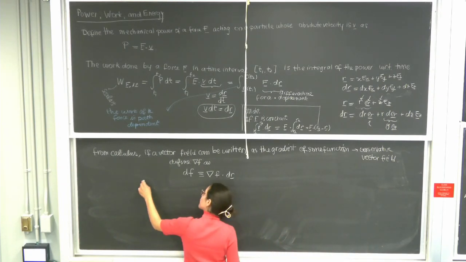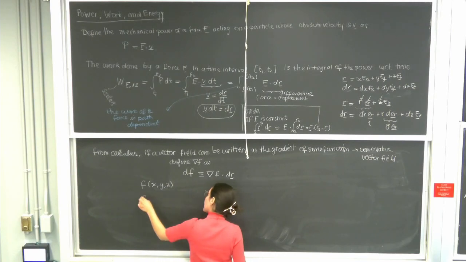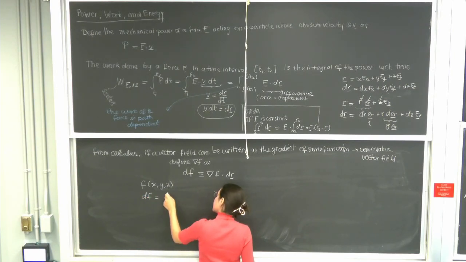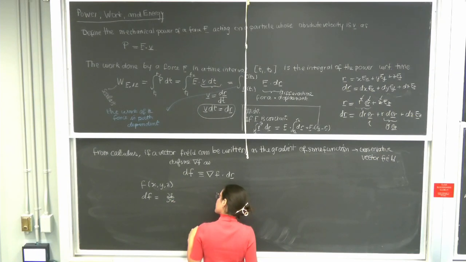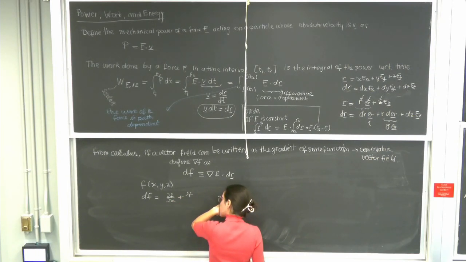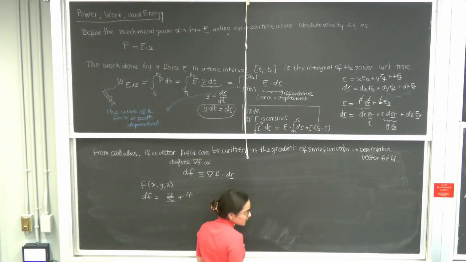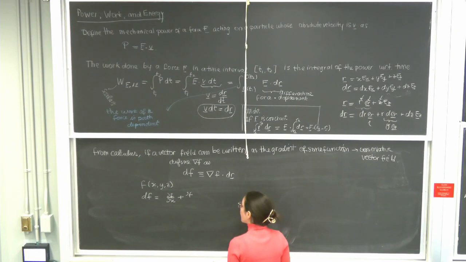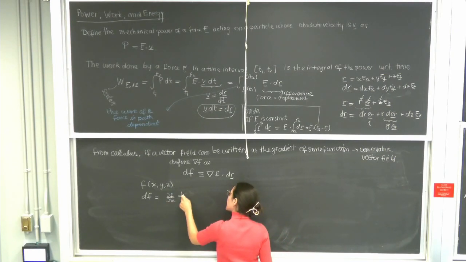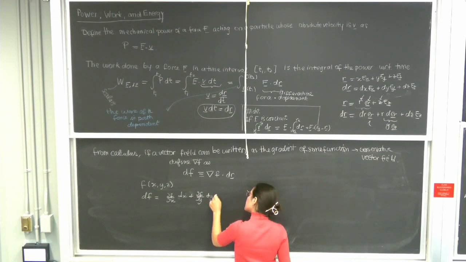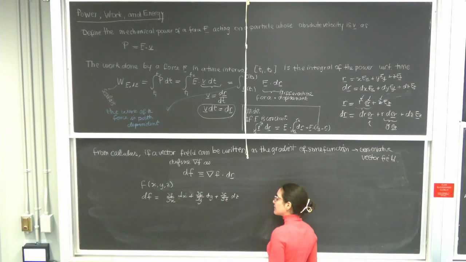So if I have a function f of x, y, z, df is going to be equal to del f by del x dx plus del f by del y dy plus del f by del z dz. That's going to be the differential of my function.